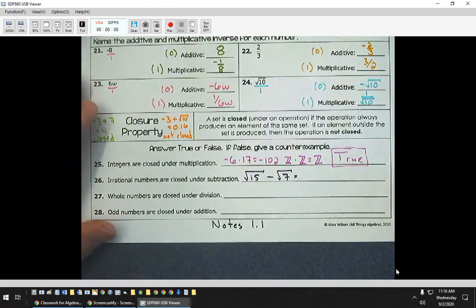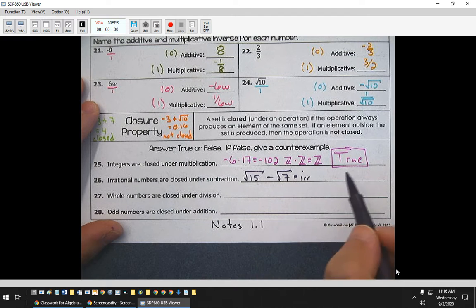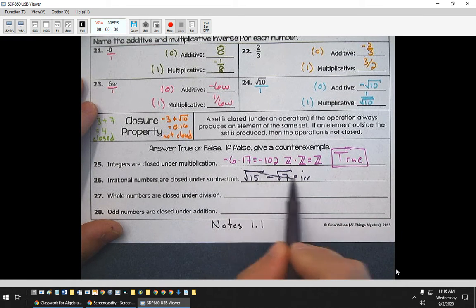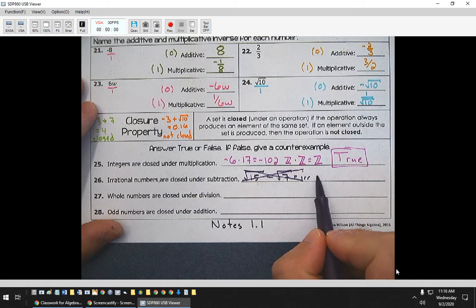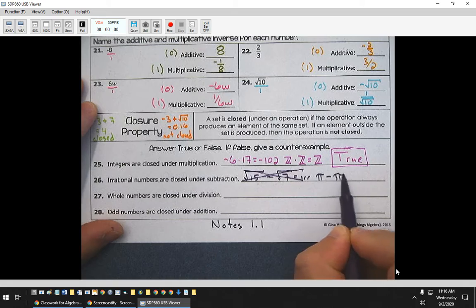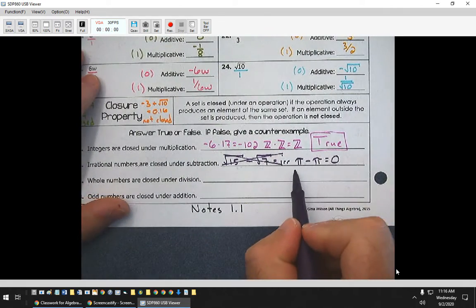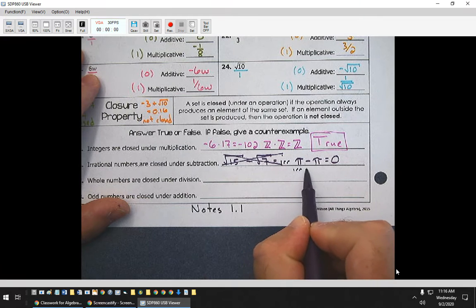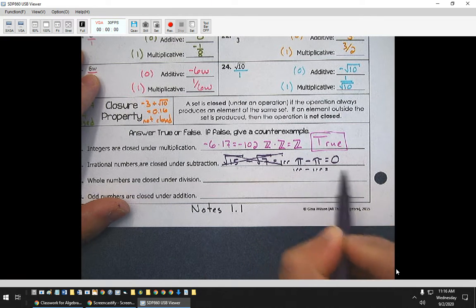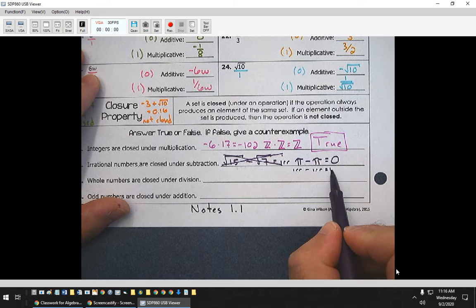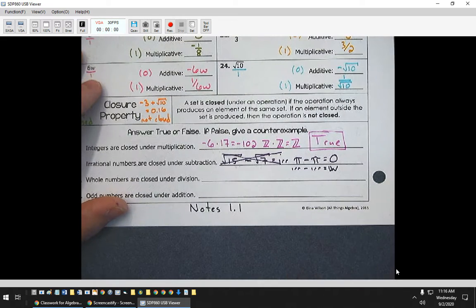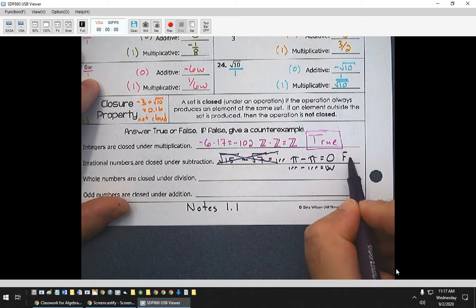That's still irrational. Oh, wait. Sorry. I did not pick a very good example. Let's take something easy like pi. What's pi minus pi? 0. So this is an irrational. I subtracted another irrational, but then what did I get out? I got a whole number out. So this is false.